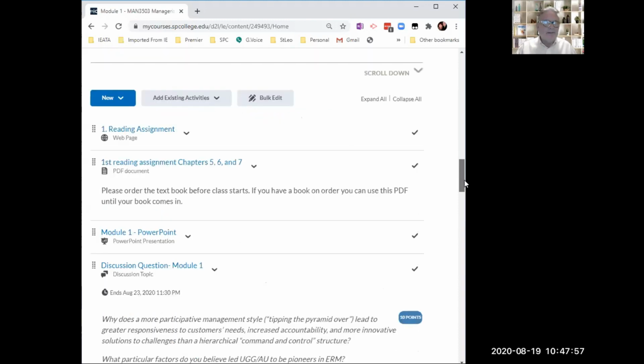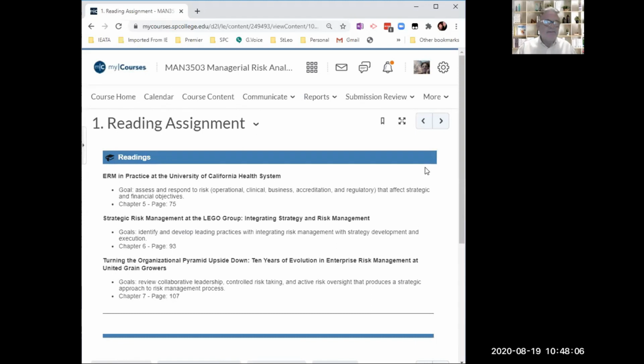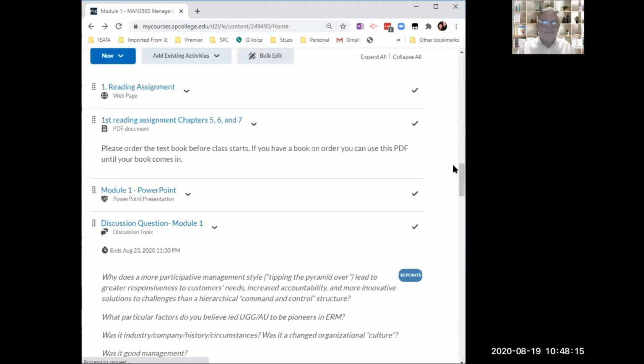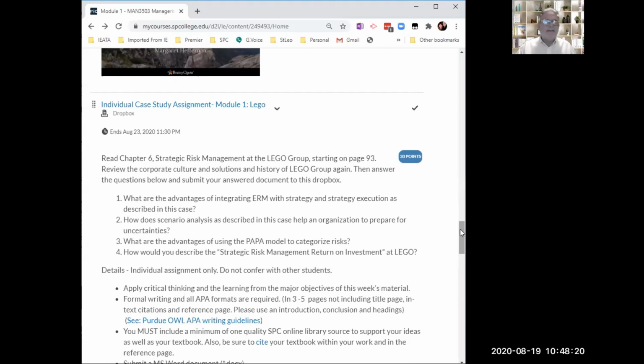So we go down to this week's reading assignment, and you'll see these are the pages that we're covering in the first week. And then when I go down to the case study, we're looking at Lego. Lego, of course, everybody's familiar with Lego, and it's an international global business. So this is reflecting a corporation that has global influences to their risk.